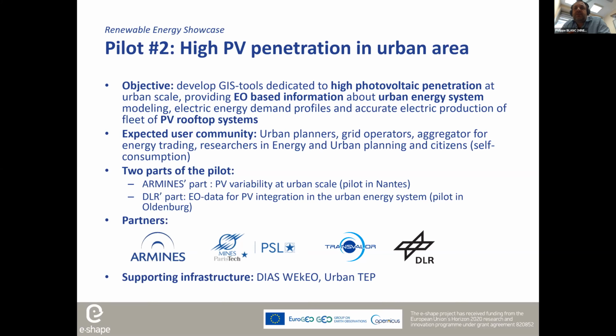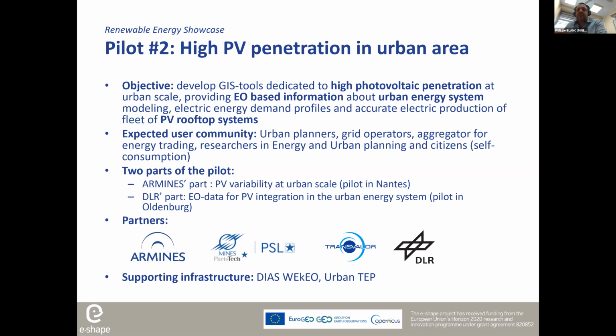The objective of this pilot is to develop geographical information system tools for high photovoltaic penetration at urban scale, providing first Earth observation-based information about the urban energy system, modeling, for example, the electric energy demand profiles from different blocks of the city, and also providing accurate electric production of fleets of PV rooftop systems.